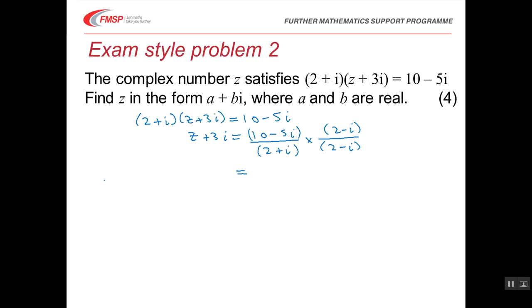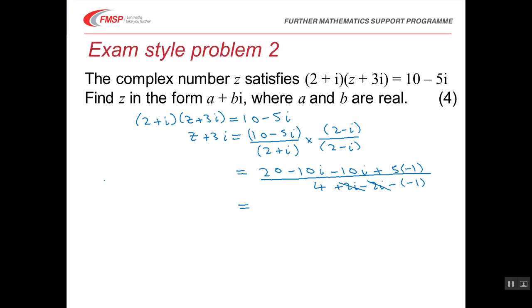So doing the multiplication, we've got 20 minus 10i minus another 10i, and then there's plus 5i squared, so that's plus 5 times minus 1, and the denominator is 4 plus 2i minus 2i minus i squared, which is minus 1. Again, check that the imaginary part in the denominator cancels out.